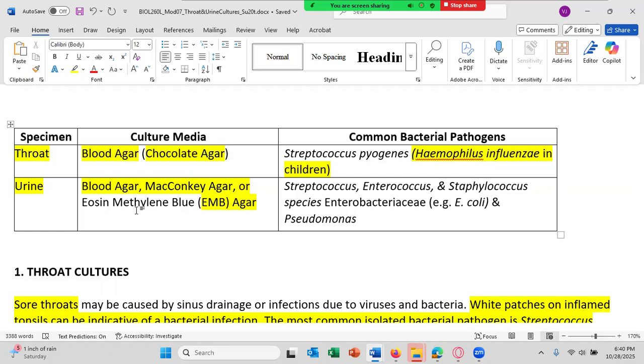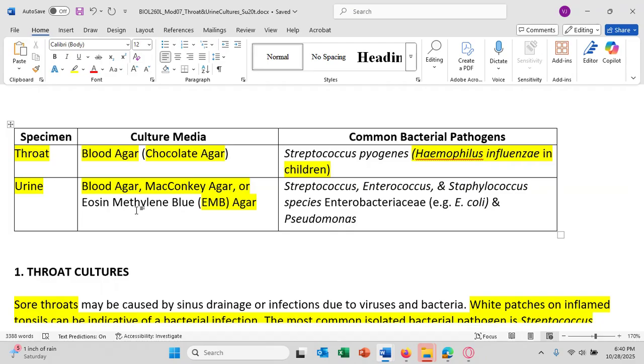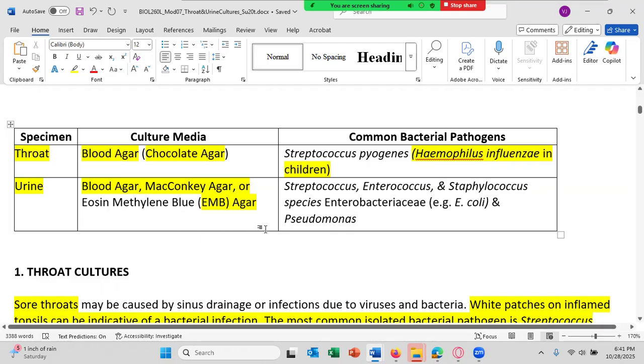The reason for blood agar is it can grow all cells, particularly the gram positives, which Streptococcus and Enterococcus and Staphylococcus can be in a urinary specimen causing a urinary tract infection, and it can grow on blood agar.